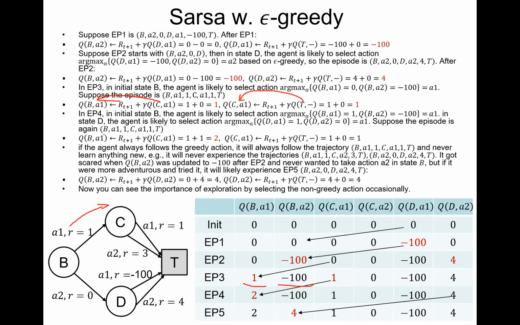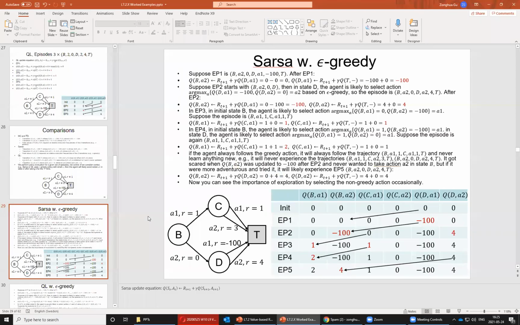Suppose the episode is again B, C, A1, T. Oh, it's another typo. In state C, the agent is likely to choose action argmax QCA1.